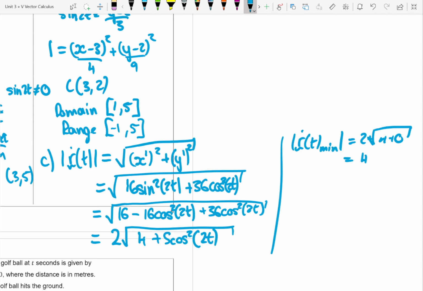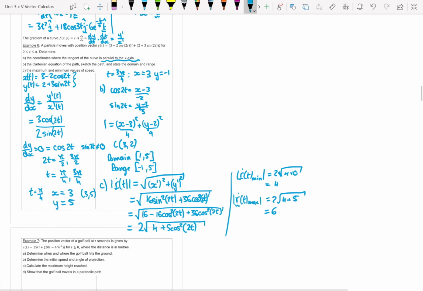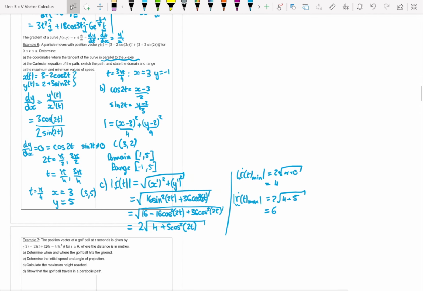And then it's going to have a max value of 2 root 4 plus 5 times 1, which is going to be 2 root 9, which is 6. So it's going to be a maximum speed of 6. So the minimum value comes from 5 cos squared 2t being 0, and then the maximum value from 5 cos squared 2t being 5.